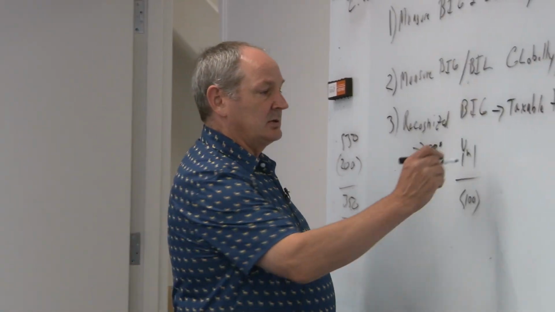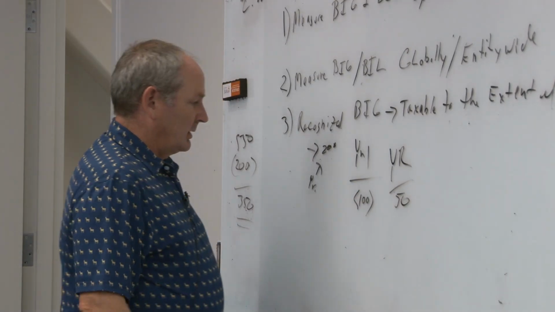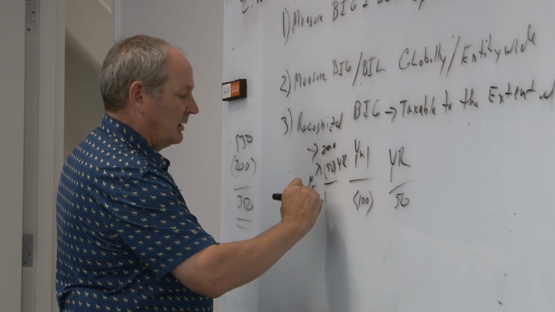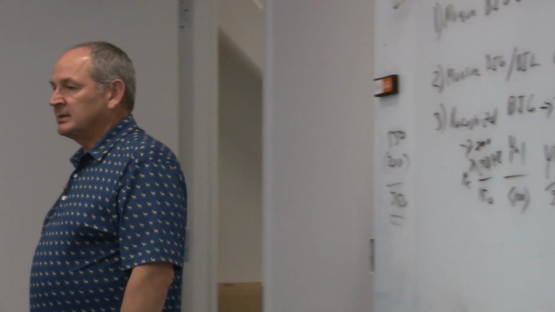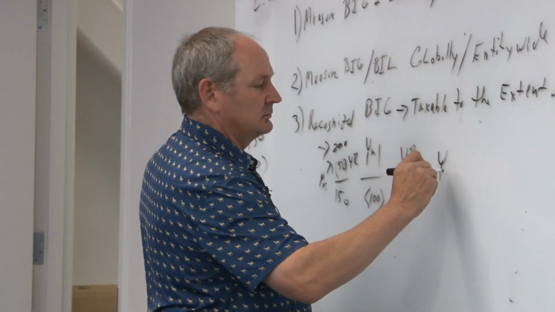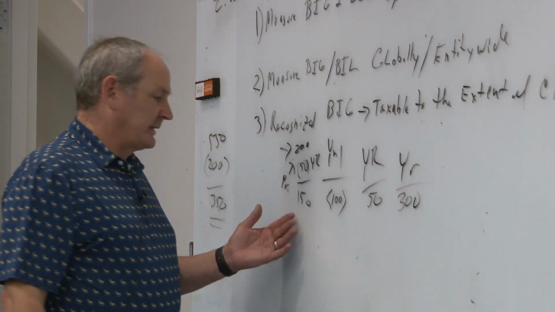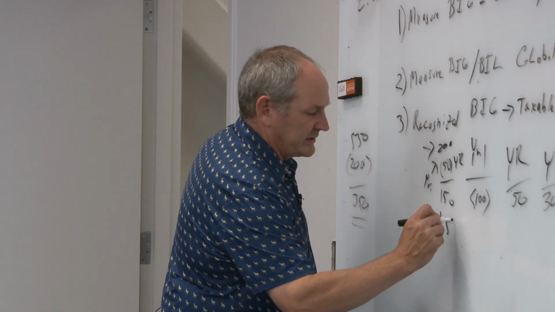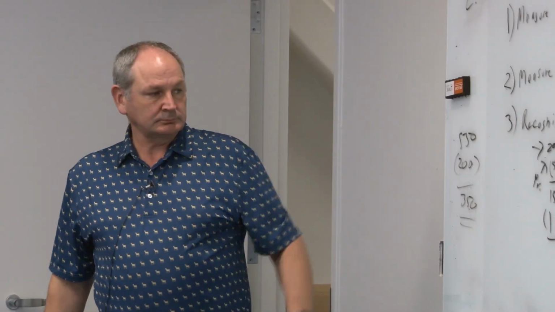So if we get to year 2, and we have $50 of income, we're able to recognize 50 with 150 carried forward. So now we have to pay an entity level tax on that 50. And then we get to year 3, and we have 300 of income. Well, now we're able to recognize all of it. So what's that mean when we have to recognize and pay tax on that?